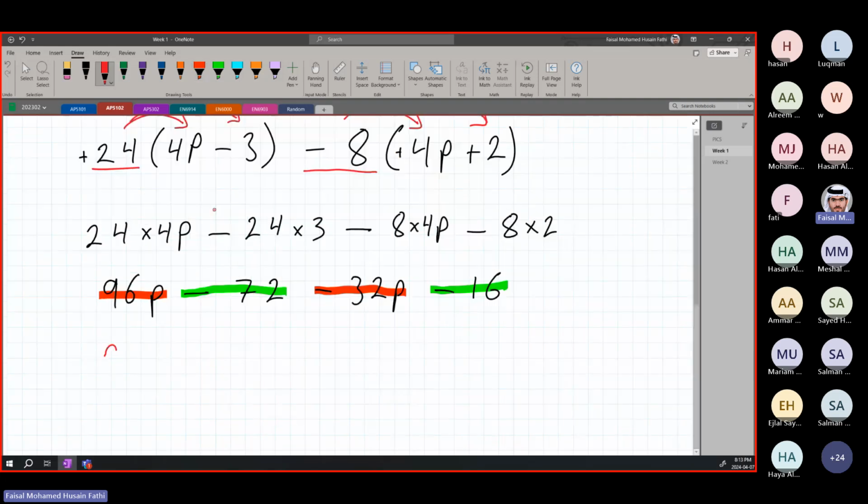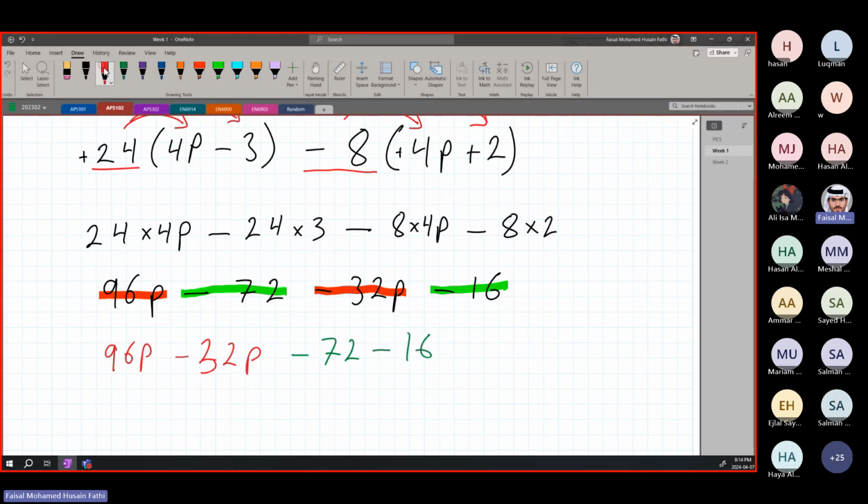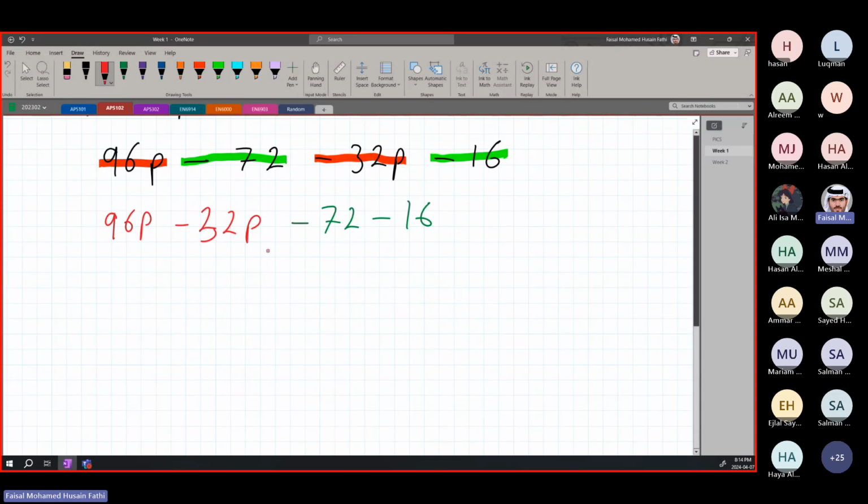So it's 96p minus 32p, and then we have minus 72 minus 16. Then we can simplify this. 96 minus 32 is 64, and then we put the p, and minus 72 minus 16 is minus 88. Very easy, very straightforward.